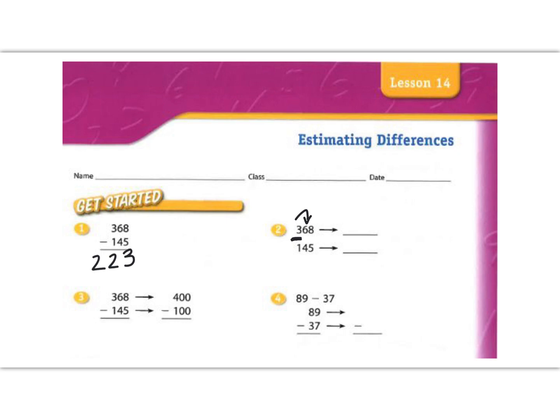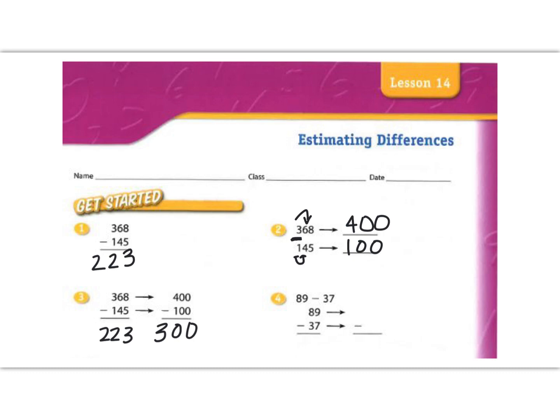The 6 rounds it up to the nearest 100, so that would be 400. 145, the 4 rounds it down to the nearest 100, so that would be 100. So we can see right here, number 3, our original answer was 223, and 400 minus 100 is 300. So our answer is about 300.